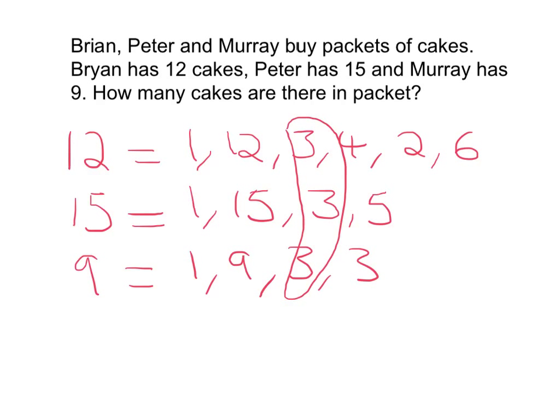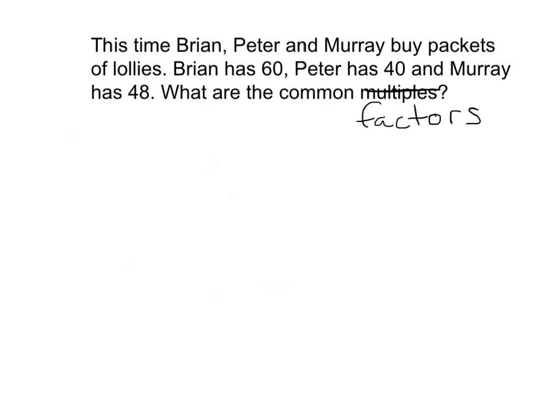Let's try another example. This time Bryan, Peter and Murray buy packets of lollies. Bryan has 60, Peter has 40, and Murray has 48. What are the common factors? So let's list them down here. What equals 60?